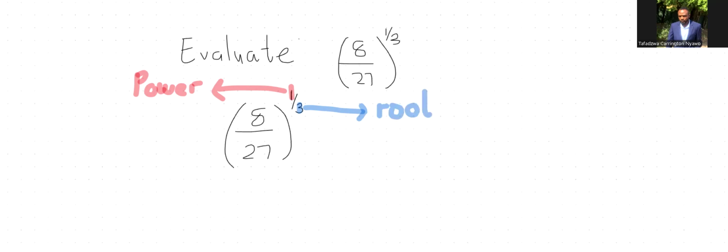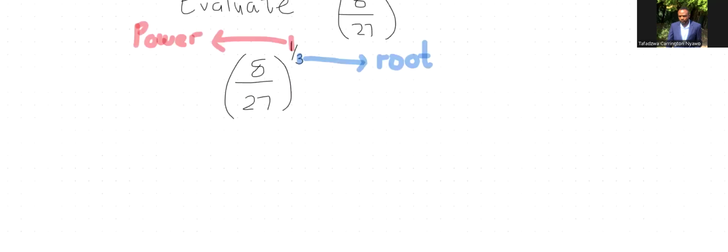I had to explain this so that you understand. Now that you know the numerator is the power and the denominator we call the root, I'm going to put the root sign here and write 8 over 27.